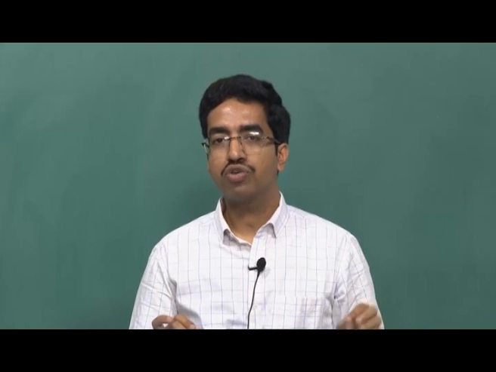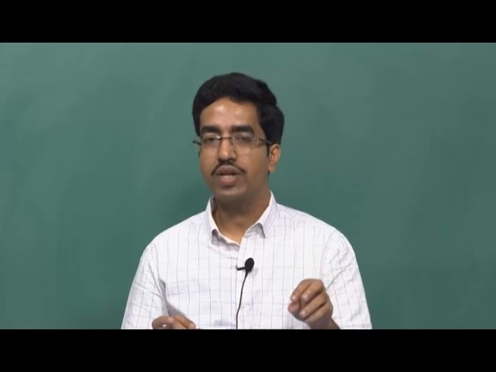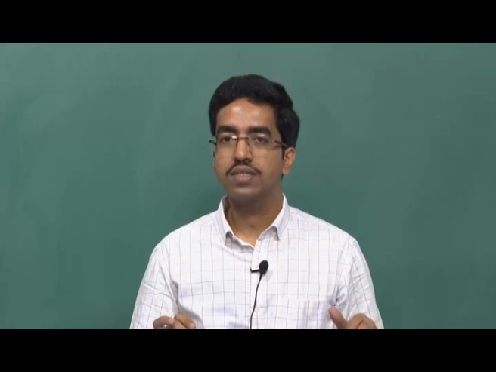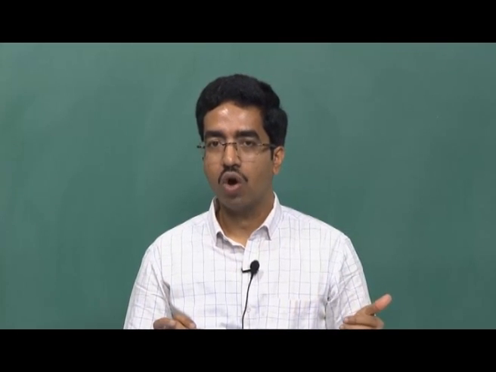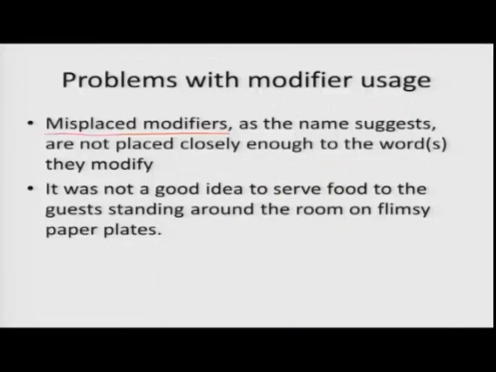You wanted to modify something, but you have placed it somewhere else. Now, it is modifying something else, and as a result the meaning it is conveying is very different or sometimes absurd.